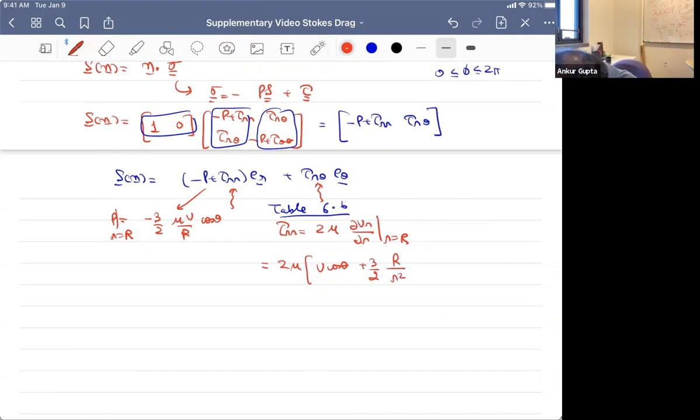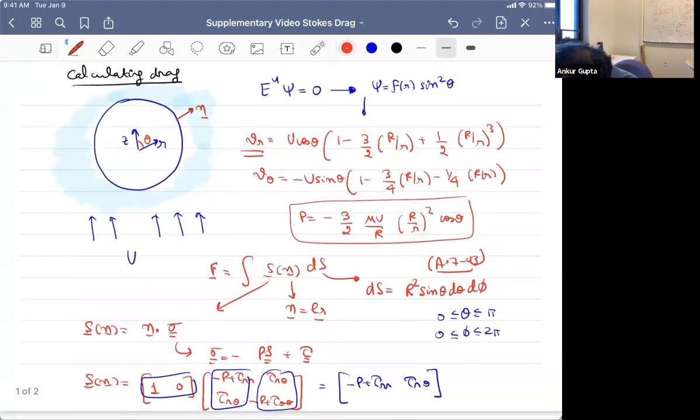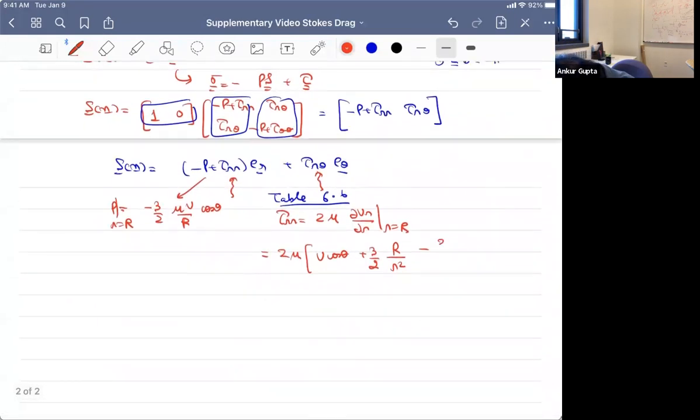And then the last term will be 1 by 2 R by r whole cube, so we'll make it minus 3 by 2 R cube by r4. And this is multiplied with u cos theta, at r equal to capital R. Okay, so this is clear. I just differentiated the VR with R, and when you substitute, this goes away and this goes away, and this comes out to be 0. Tau RR is 0.